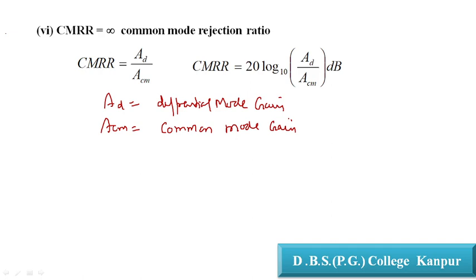This property shows the matching between the terminals. If CMRR is infinite, that means both terminals, inverting and non-inverting, are perfectly matched to each other. And dB, you know, is a noise quantity. Noise is measured in dB, or your sound is measured in dB.